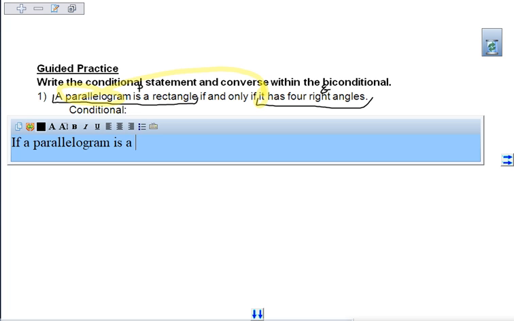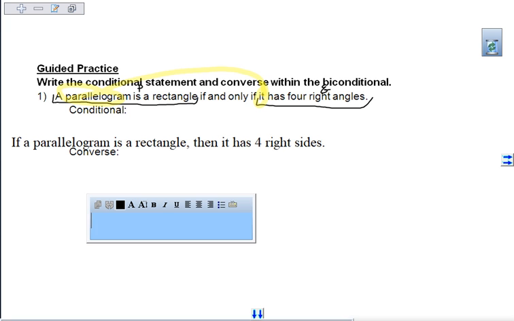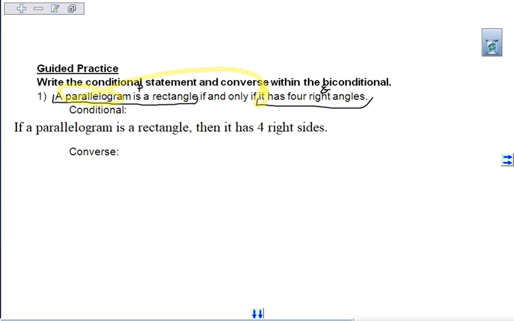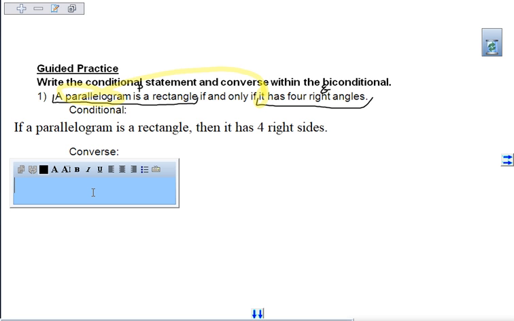If a parallelogram is a rectangle, then it has 4 right sides. And what about our converse? Remember, converse just flips it.